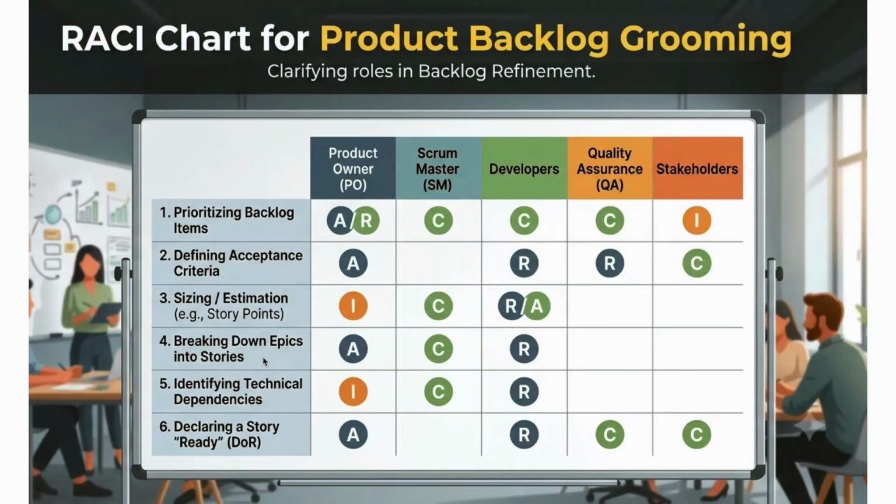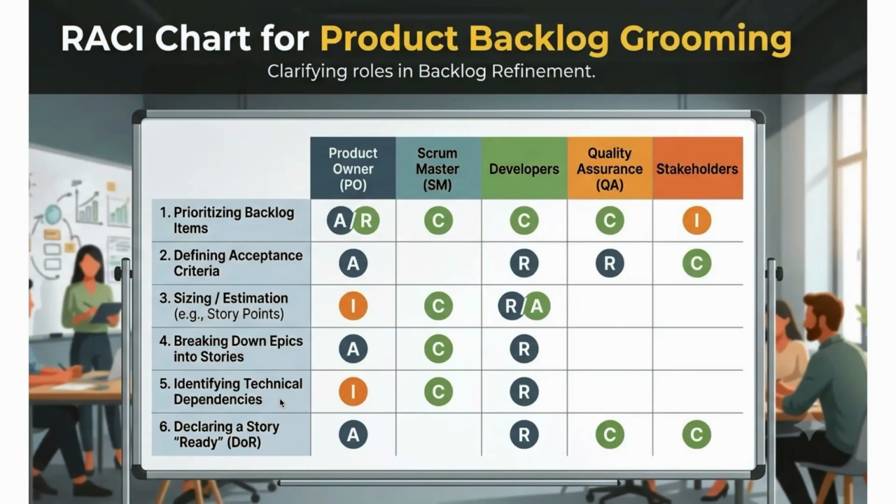Then breaking down epics into stories, product owner is accountable, Scrum Master consultative role, and developers responsible. When we break epics into stories, there should not be much dependencies. So that part only the developers can really think through because the product owner may not be very technical.